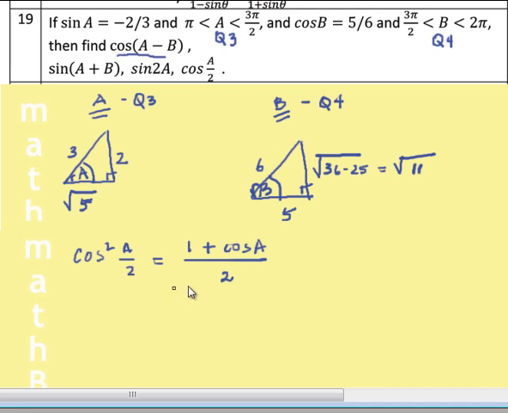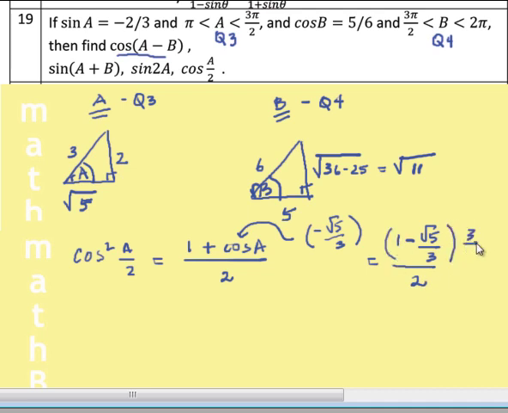Okay, as long as you have angle and double the angle, the identity is true. So we want to find cosine A over 2. So all we have to do is put cosine A in here. Now cosine A, adjacent over hypotenuse, and it's going to be negative because we're talking about quadrant 3. So I'm going to put minus square root of 5/3 in. So we have 1 minus square root 5/3 divided by 2.